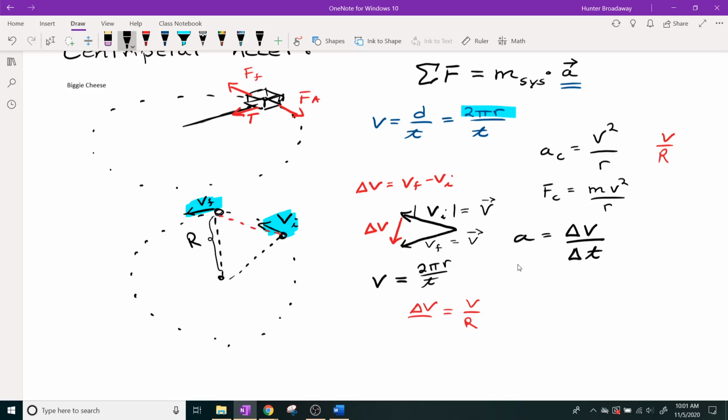If we were to try to calculate the delta V in our traditional sense, we would get that the change in velocity is zero, which kind of makes sense to us because the velocity is really not changing. The delta V is constant, so it just comes out to be zero. So that actually makes a whole lot of sense to us that the velocity doesn't really change at any particular point in time. You also have to keep in mind, and the hard thing to remember about this is, I know this looks like it starts at the center, but what we're actually trying to do is take two vectors, VI and VF, and subtract them from each other.